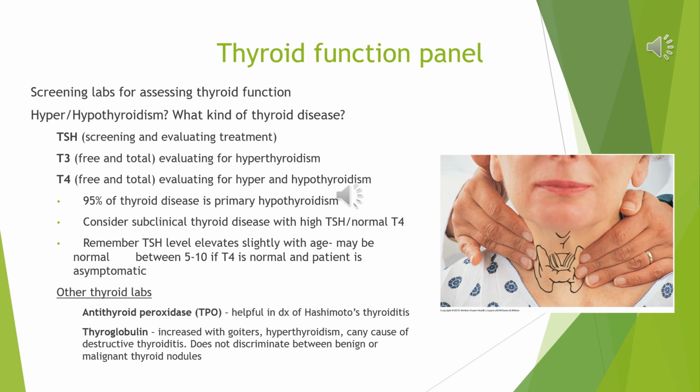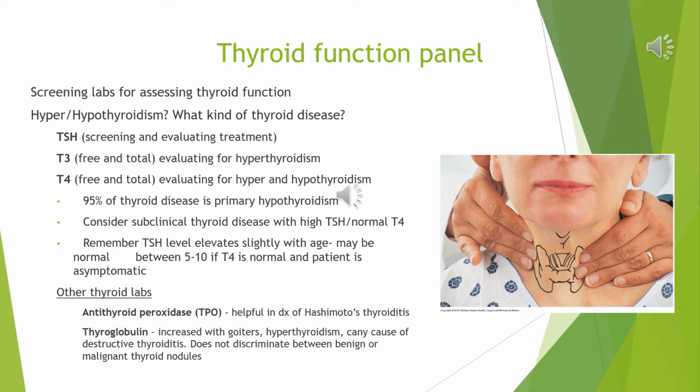So when you're screening and the TSH is elevated and you check the T4, if the TSH is still elevated and the serum T4 is low, then it's consistent with primary hypothyroidism. If the TSH is elevated and the free T4 is normal, then this can indicate subclinical hypothyroidism. And so the decision to initiate therapy can be case by case.